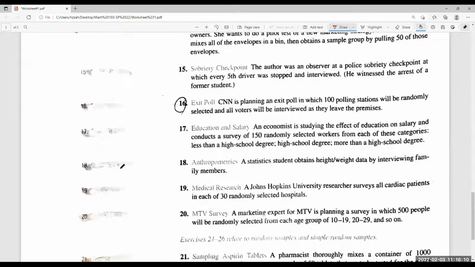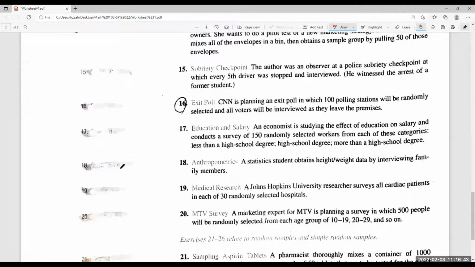So what they do is survey 150 randomly selected workers from each of those categories. Stratified. It's stratified, because for the population that we have, all the cases for the degrees are there. They pick 150 workers from each of these, so it's stratified.